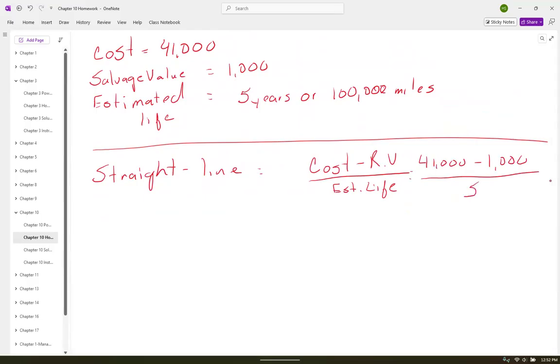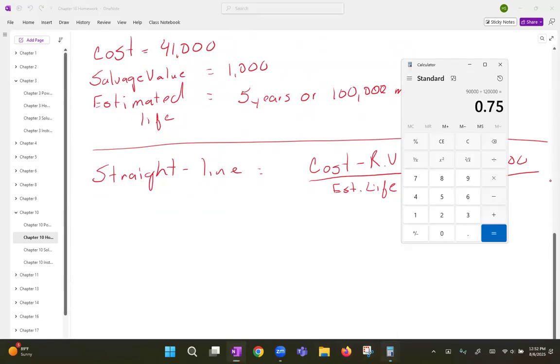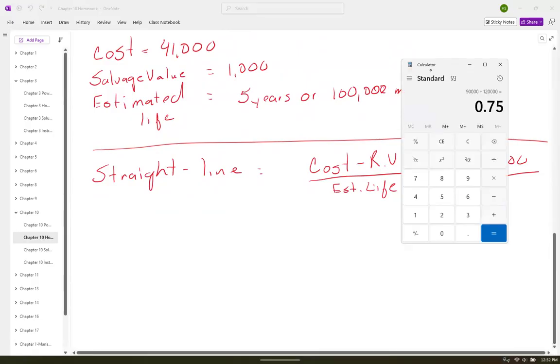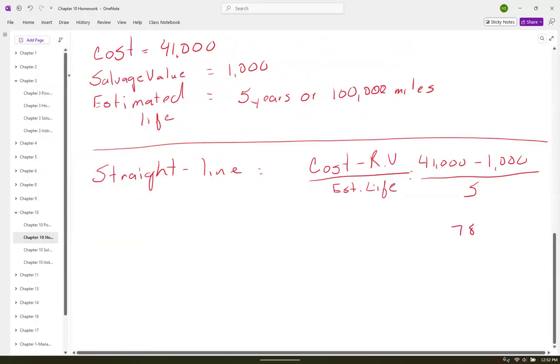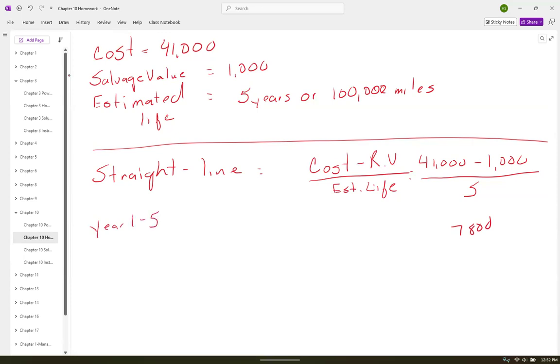Let's come over here because I haven't actually worked this or have it written in front of me. So we have 41,000 minus 1,000, and we're going to divide that by 5. We get 7,800. So year one through year five, every single year, we will depreciate 7,800.